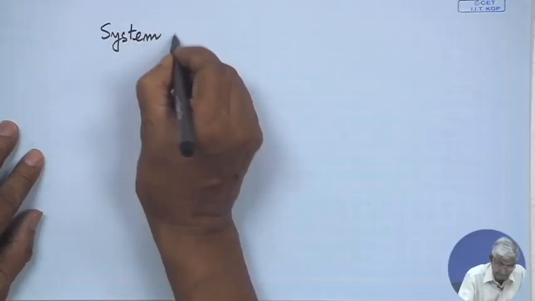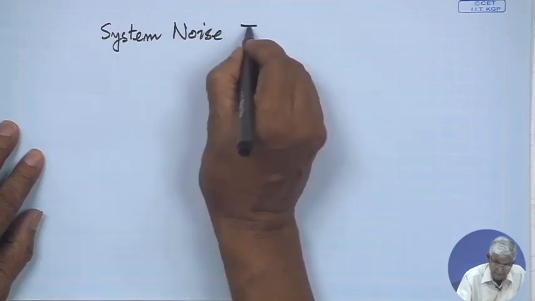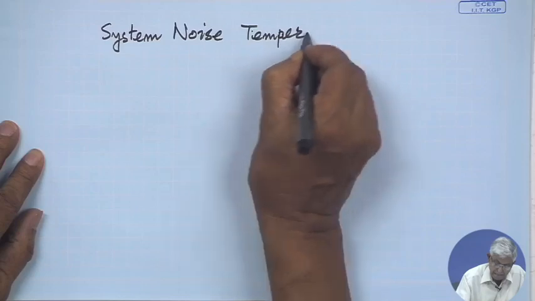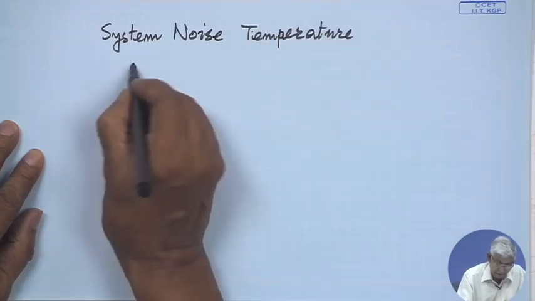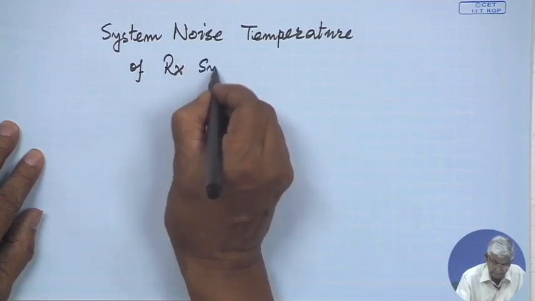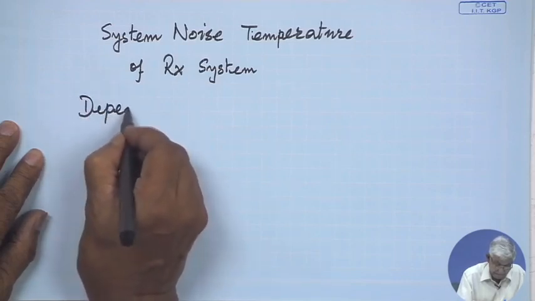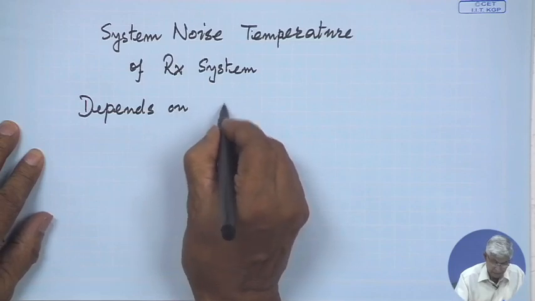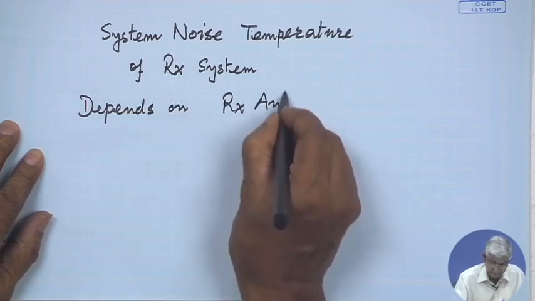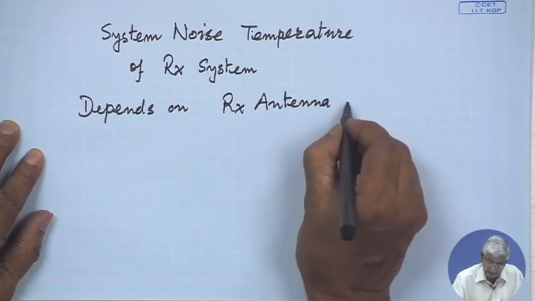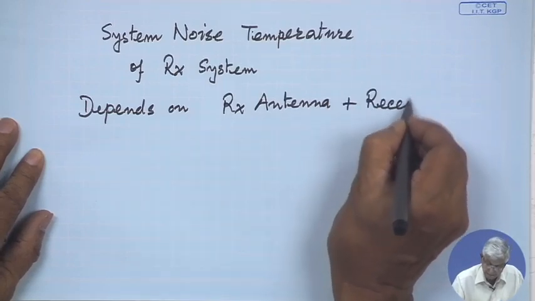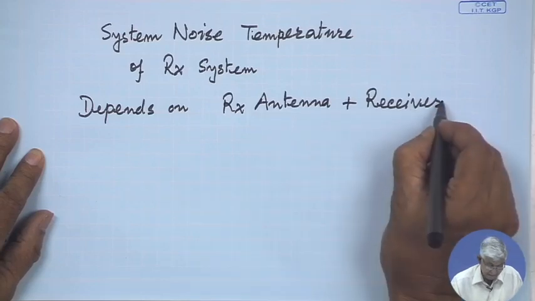Instead of going into the details of the theoretical or analytical way, we can straightway say system noise temperature of a receive system depends on receive antenna and receiver noise temperature.